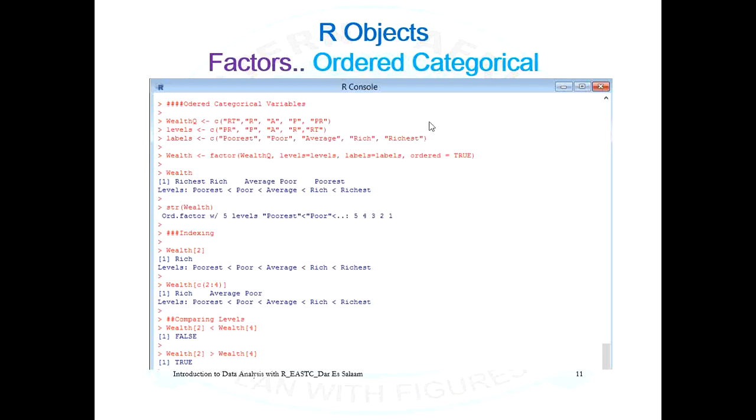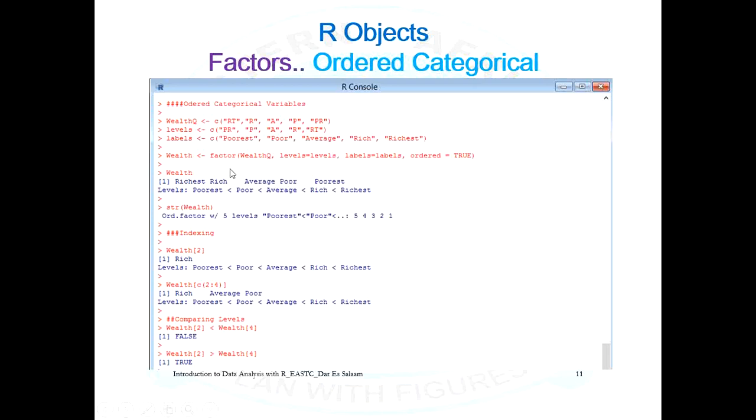So after specifying the vector names, the variables, levels, and the labels, then you need to use another argument, ordered, and you set this to true for your object to be treated as an ordered categorical variable in R. So if you call weight, you have richest, average, poor, and poorest, as you have listed them right here.